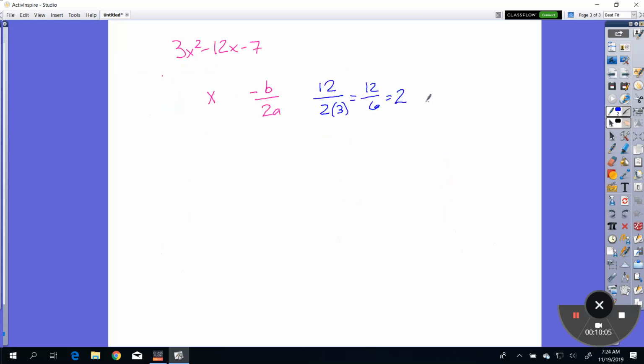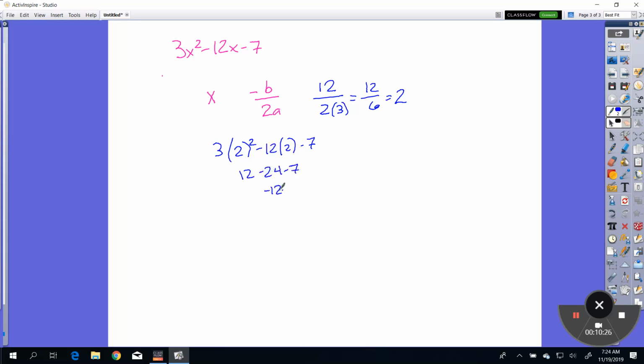So now to get the y coordinate, the y value of your vertex, you plug this value back in for your x's. So 3 times 2 squared minus 12 times 2 minus 7. 2 squared is 4 times 3 is 12 minus 24 minus 7.